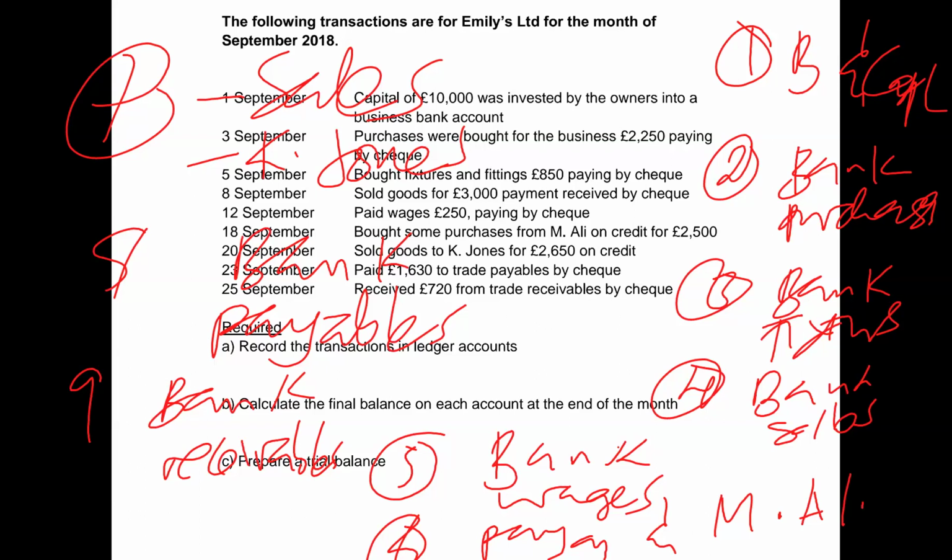Similarly, for this one, where we sold on credit, you remember the 20th, we are selling on credit. So again, we have receivables. Remember, when you sell on credit, then it means you have receivables, we don't write the personal account.